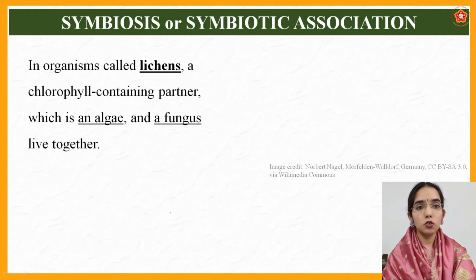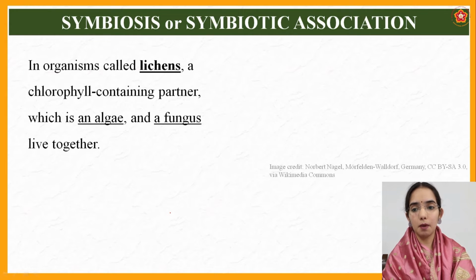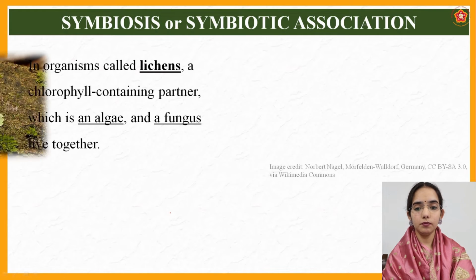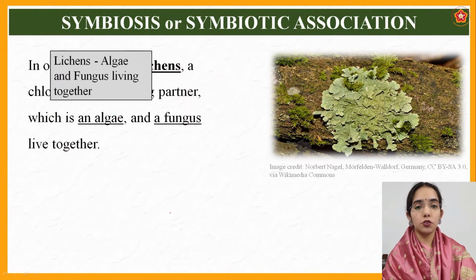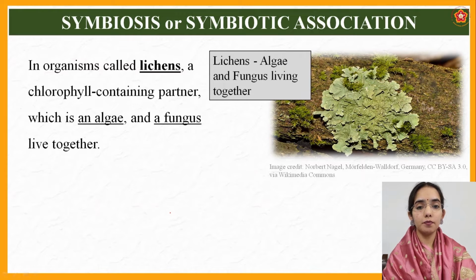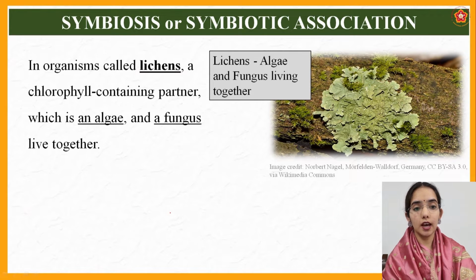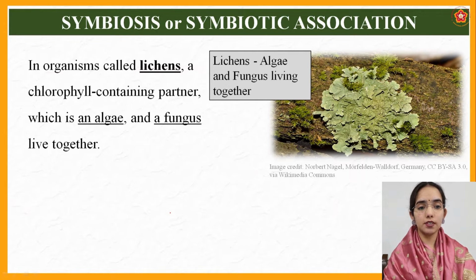In organisms called lichens, a chlorophyll containing partner, which is an algae, and a fungus live together. So this is an image where lichen, which is a combination of algae and fungus, are living together, as you can see in this image.